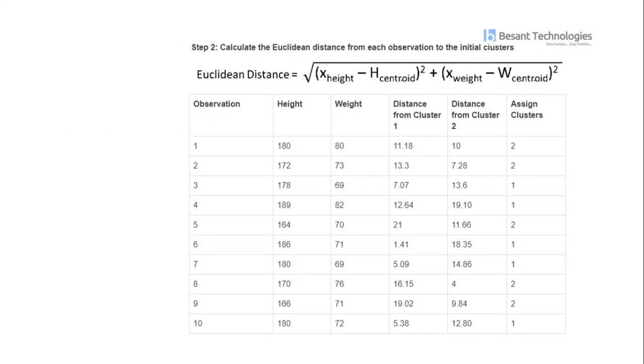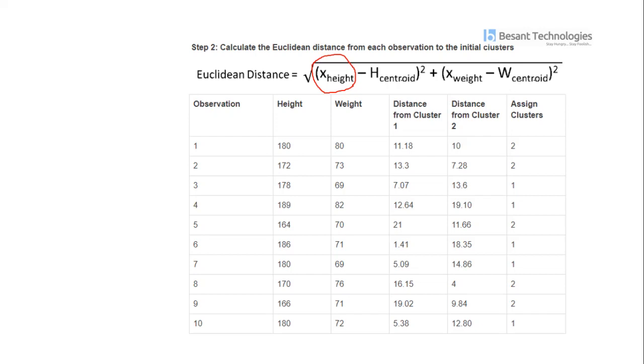That is the square root of x height minus h centroid, the whole squared, plus x weight minus w centroid, the whole squared. So for all the observations, with all the heights and weights, we compute the distance from cluster 1 and the distance from cluster 2. Now we assign the cluster like this.